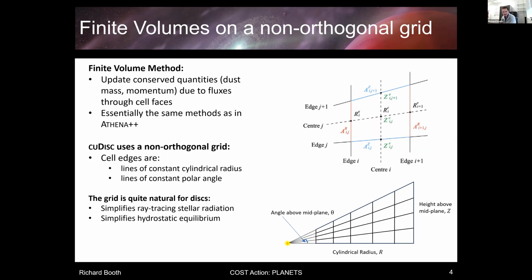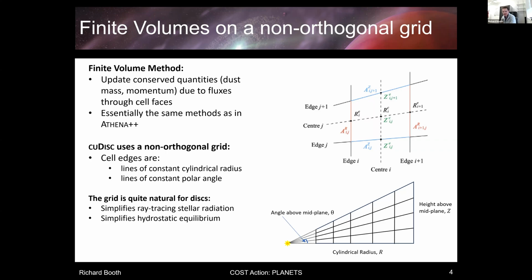They're very mature. The one slightly odd thing about cuDisc is the shape of the grid structure we're using here. We're not using a classical Cartesian or cylindrical grid or a spherical grid that you'd see in a typical hydrodynamic simulation. We're using a grid that has the edges of our cells at constant cylindrical radius and constant angle above the midplane theta. So a polar angle and a cylindrical radius.